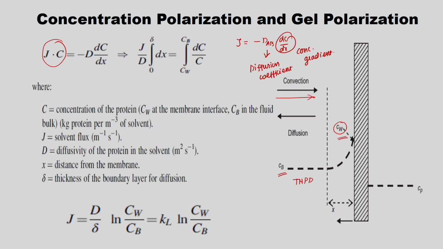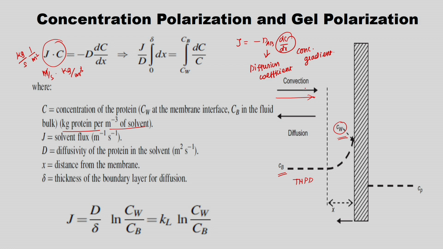The flux is in meters per second, and the concentration is in kg of protein per cubic meter of solvent. So what you get is kg per second per square meter; kg per second is mass flow rate, and per square meter makes it a mass flux. That is due to convection.